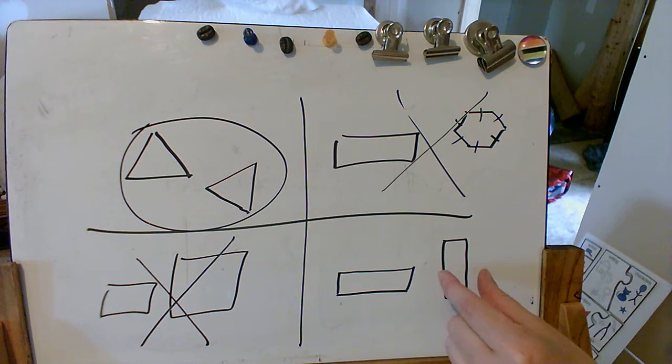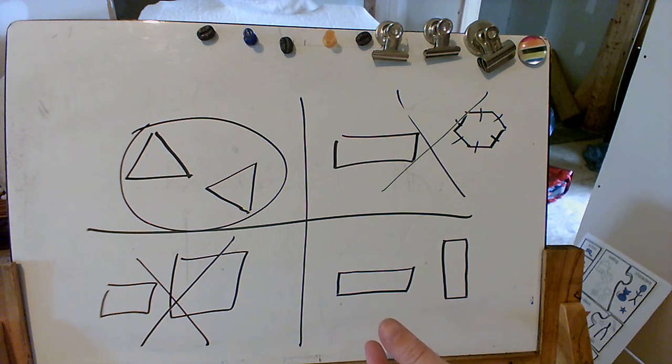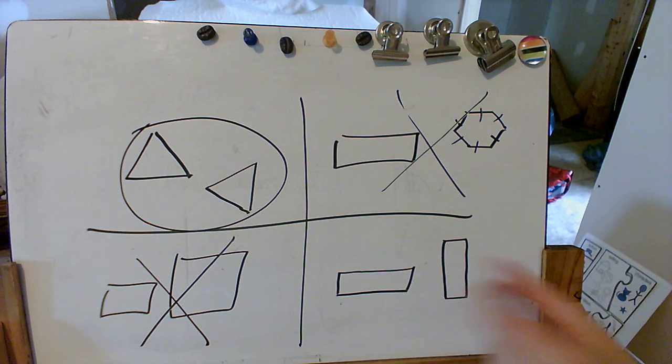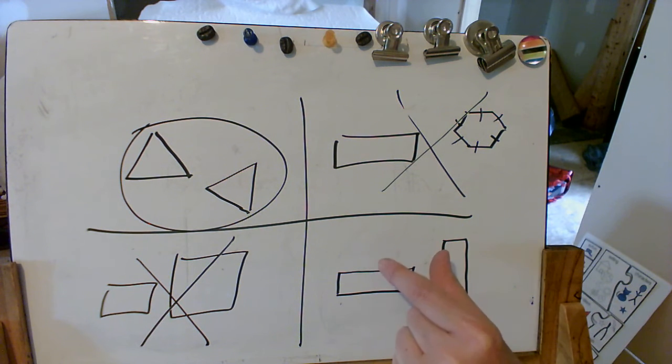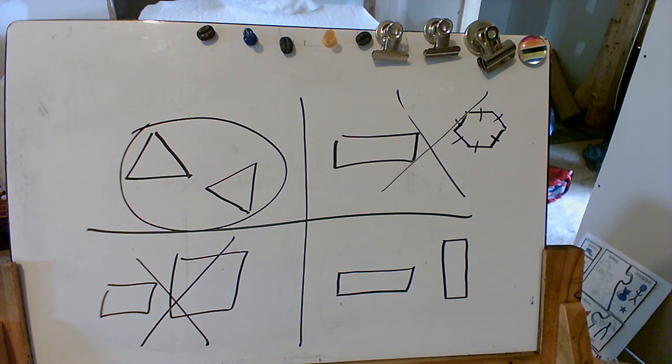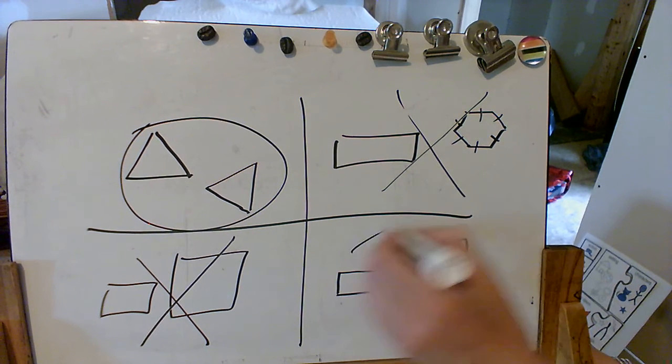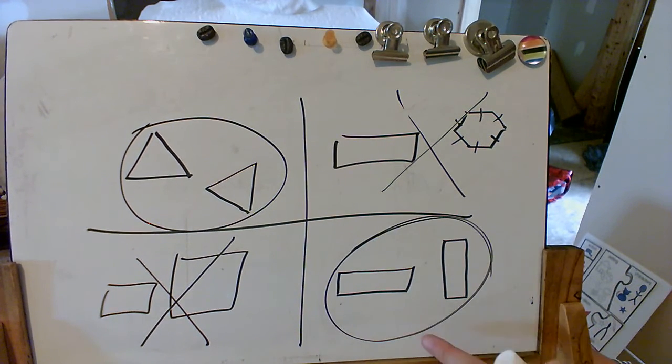Let's imagine I could pick this one up, bring it over here, turn it and lay it on top of this one. Do they look like they're the same size? They're definitely both the same shape. They're both rectangles, but are they the same size? I would say they're pretty close. So these are congruent. So we're going to practice that more.